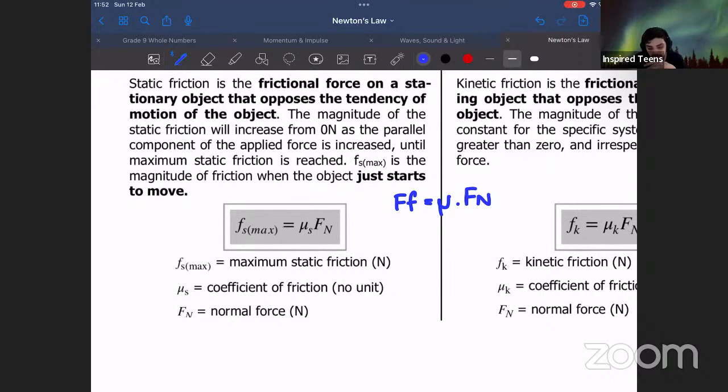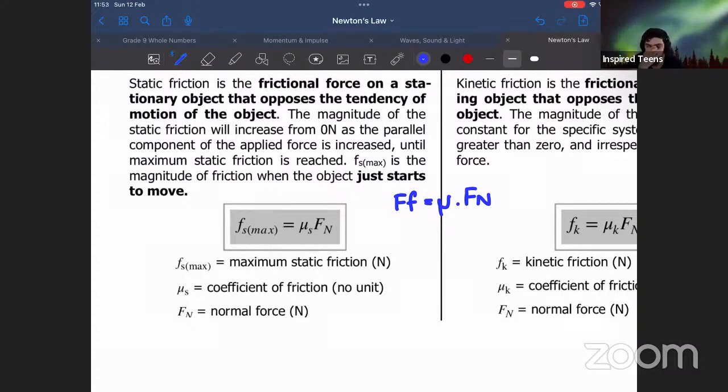But because there's friction, when you push that object, you're going to have to push with a bit of force to overcome that friction. So initially, before the object even moves, the static friction is holding that object back. That is exactly what static friction is: while it is stationary, it is holding it in place. So even when you try to move it, it will hold it in place until you overpower that friction.